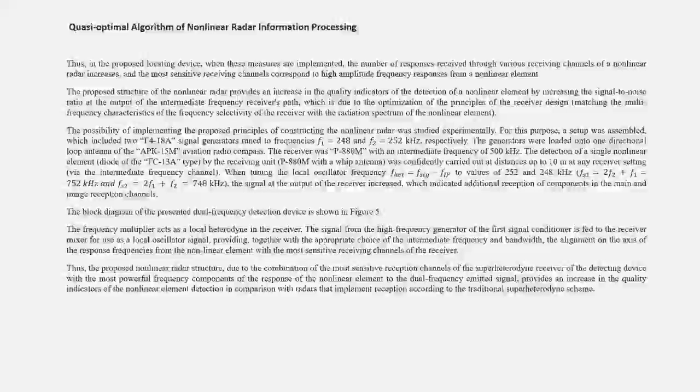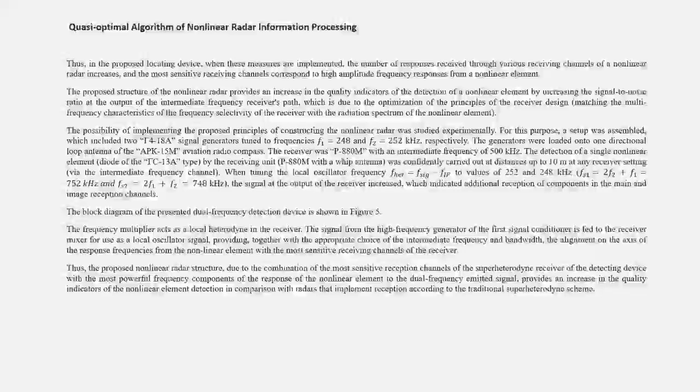The proposed structure of the nonlinear radar provides an increase of the quality indicators of the detection of the nonlinear element by increasing the signal-to-noise ratio at the output of the intermediate frequency receiver's path, which is due to optimization of principles of receiver design, matching the frequency characteristics of the frequency selectivity of the receiver with the radiation spectrum of the nonlinear element.